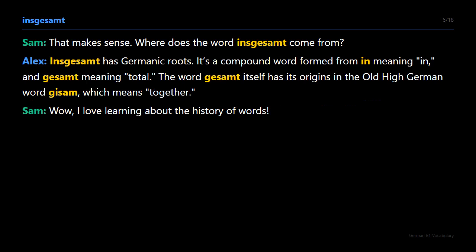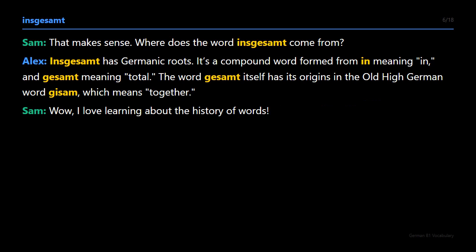Gesamt. Meaning total. The word Gesamt itself has its origins in the Old High German word, Gisam, which means together. Wow, I love learning about the history of words.